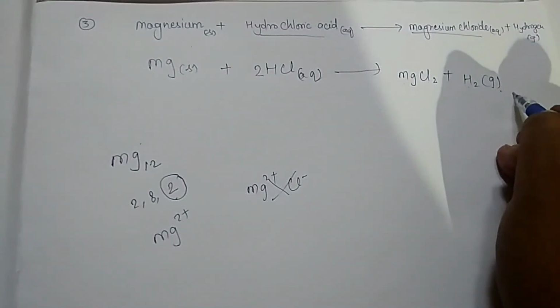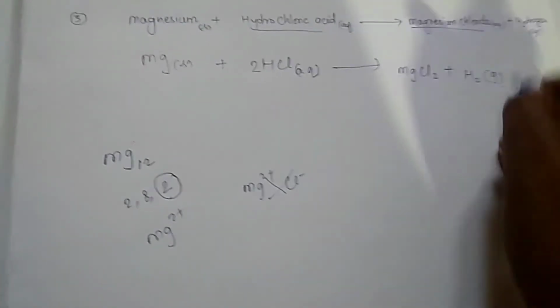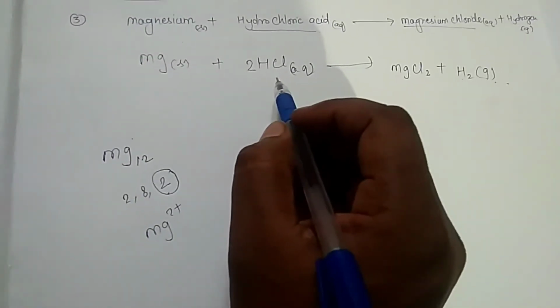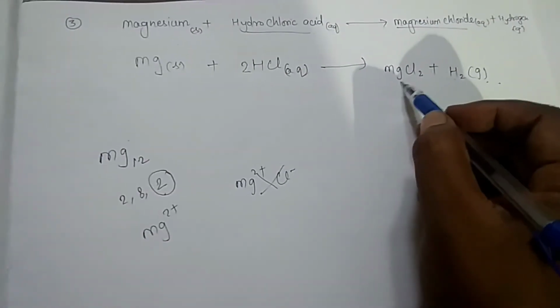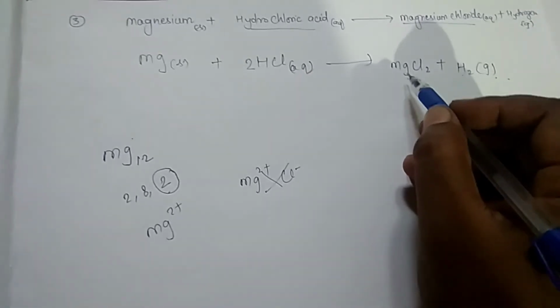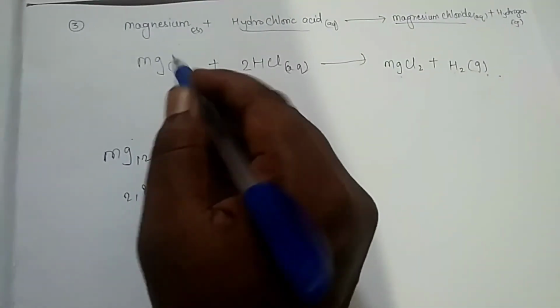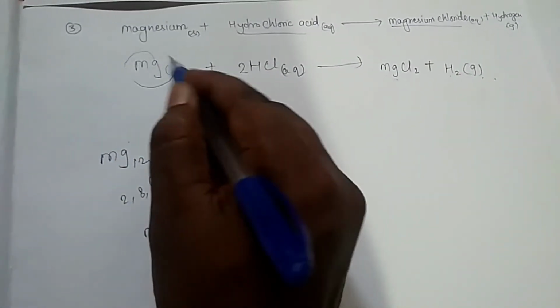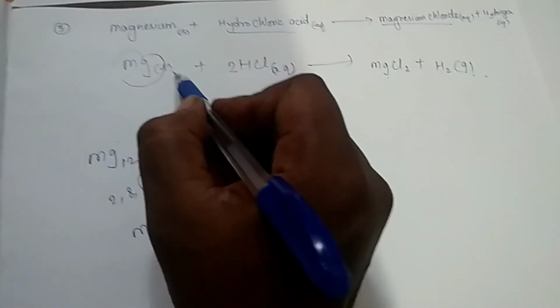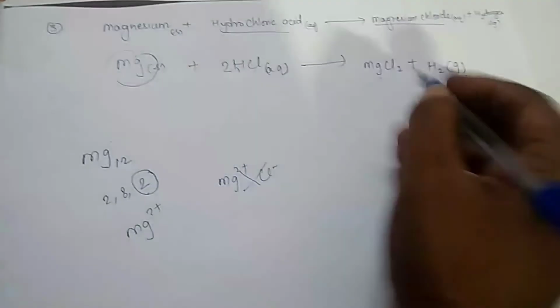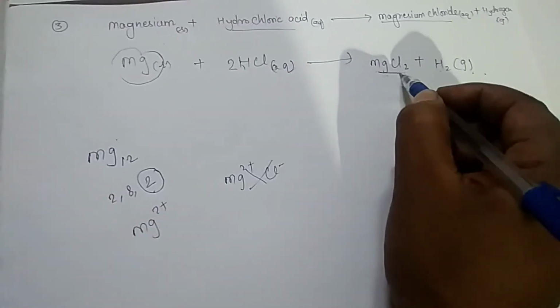Now let us find out which type of reaction is given there. See children, it is not a combination reaction because there are two reactants and two products, and not a decomposition reaction. Now, this is a displacement reaction because we can see that magnesium is taking the place of hydrogen in the product. Yes or no?